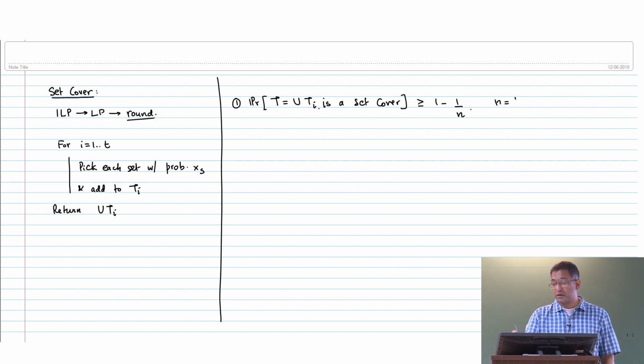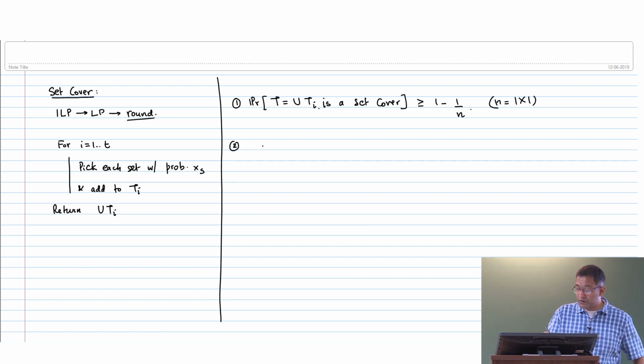So n is the size of the set. This part is clear. So what we are left to do is to prove that the size of T is at most alpha times opt for some alpha.